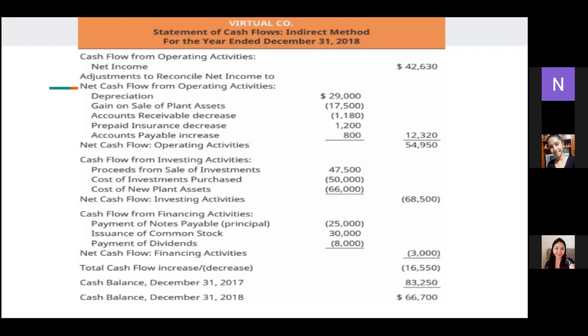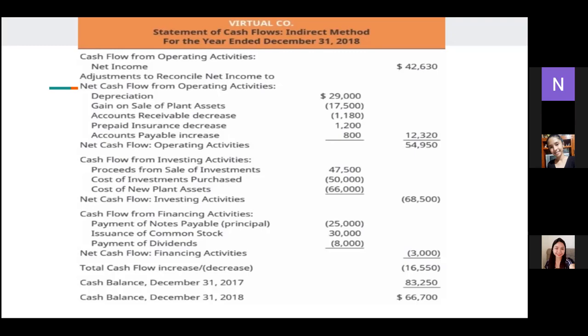And yung adjustment to reconcile net income to net cash flow from operating activities, ito yung depreciation, gain on sale of plant assets, accounts receivable which is na nag-decrease, prepaid insurance na nag-decrease also, and the accounts payable na nag-increase naman.